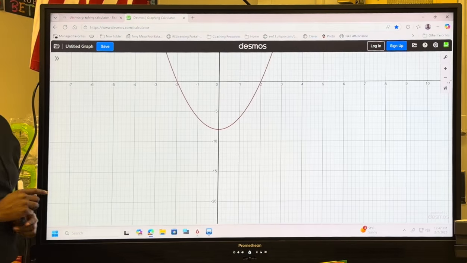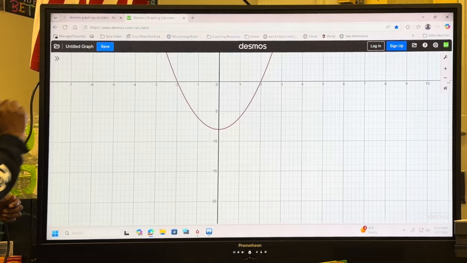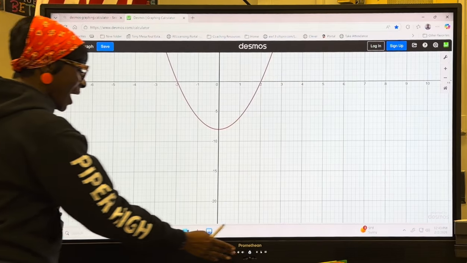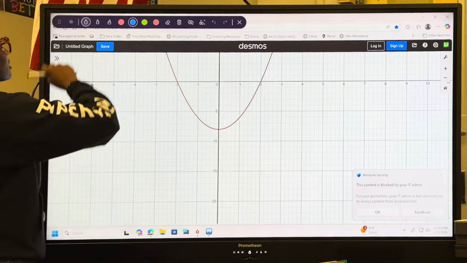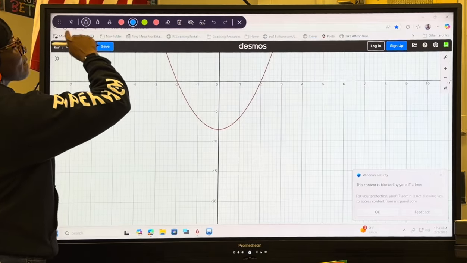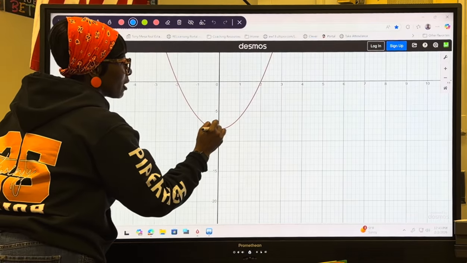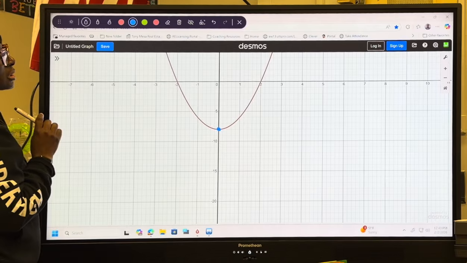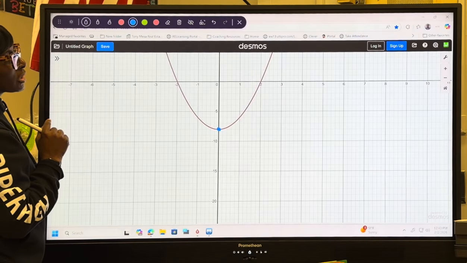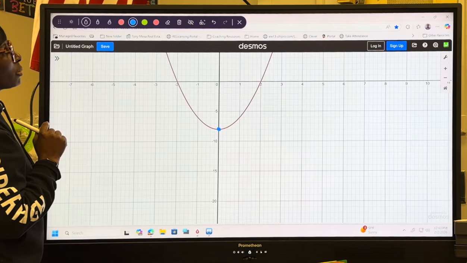If you're trying to find the A from a graph, watch this. You could do this. Here's the vertex. Y'all with me? We're going to go out 1 unit to the right, and then we're going to go up.